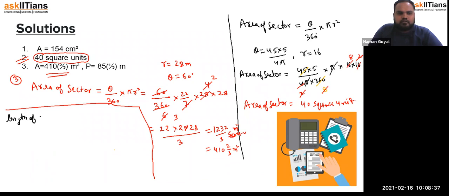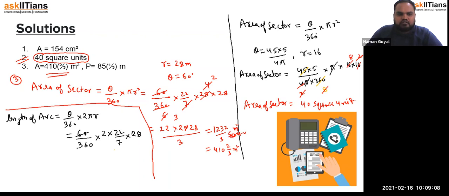Length of arc is nothing but theta upon 360 into 2 pi r. So theta is again 60 upon 360 into 2 into pi, which is 22 by 7, and r is 28.